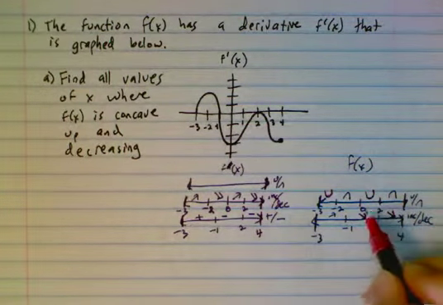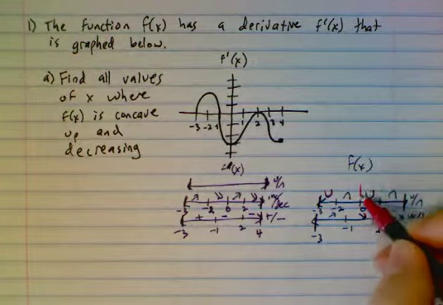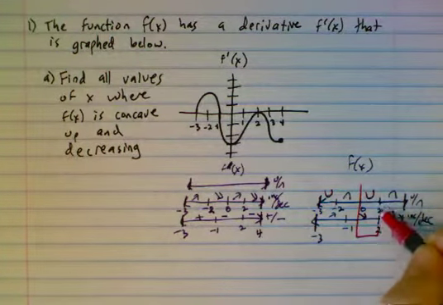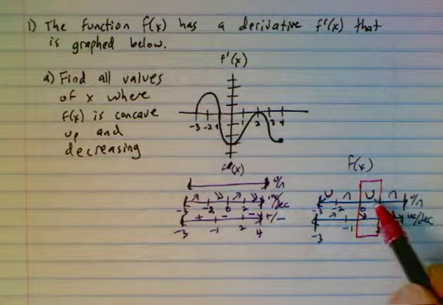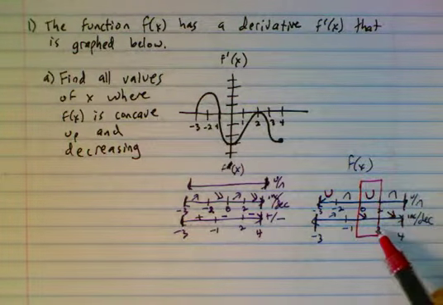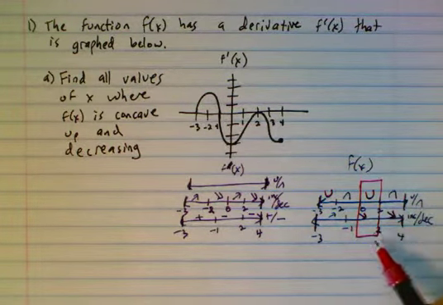But if we look right here from 0 to 2, f of x is both concave up and decreasing.